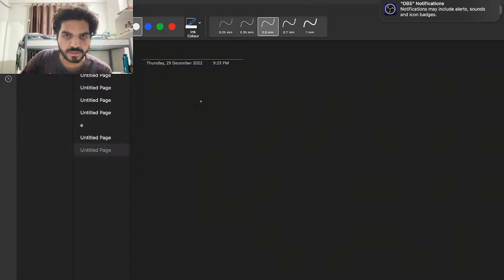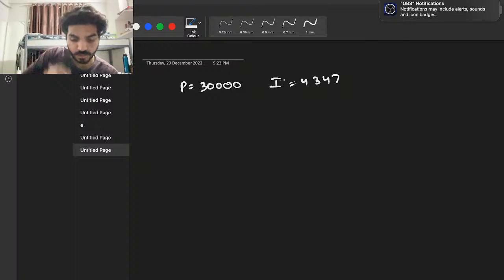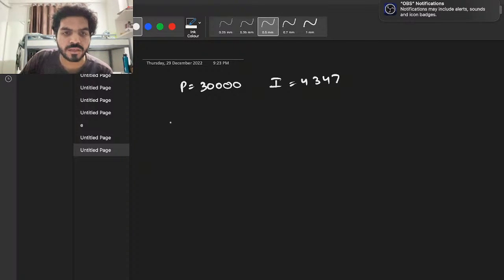One compound interest question. The compound interest is on a sum of 30,000. Interest is equal to 4347. The period we have to calculate.